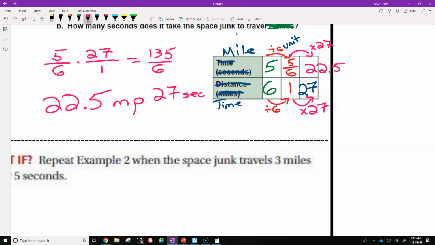Probably shouldn't have put the P. I should have just done it this way: miles per 27 seconds. So in 27 seconds, this thing would have gone 22.5 miles.